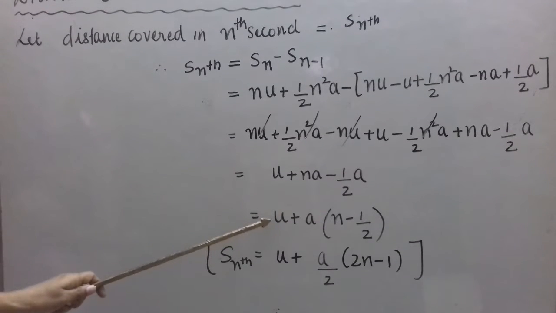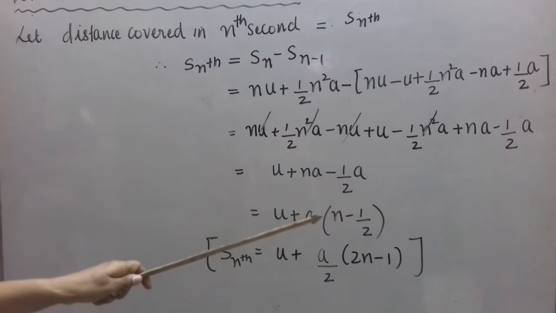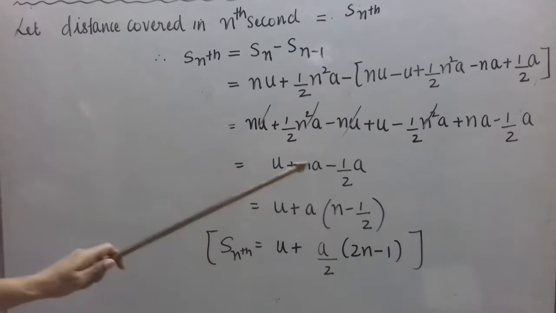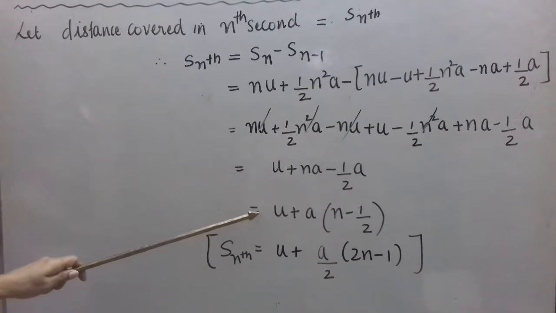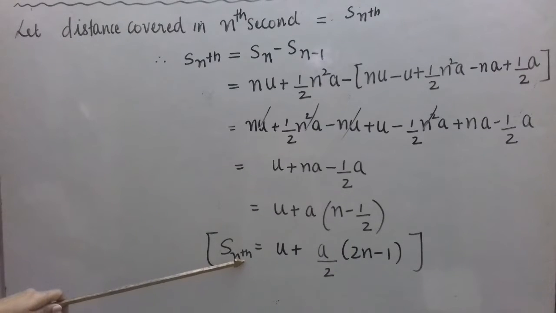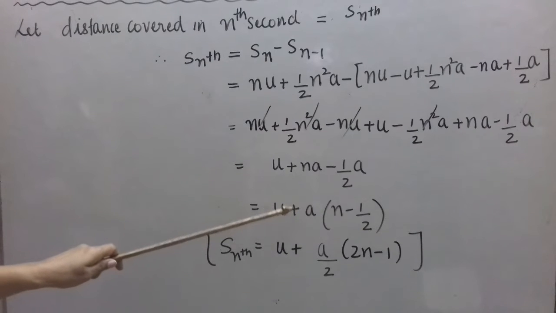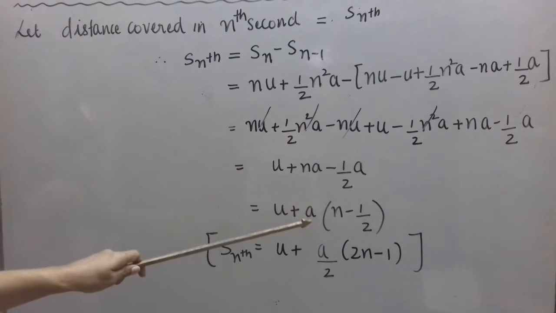Now u is here, plus take a common out, and then we are left with n minus half. Although this can be the final expression, in your books or anywhere you see this formula, a final expression is used just to make the calculation simpler. Here, u plus, we are multiplying and dividing each term by 2.